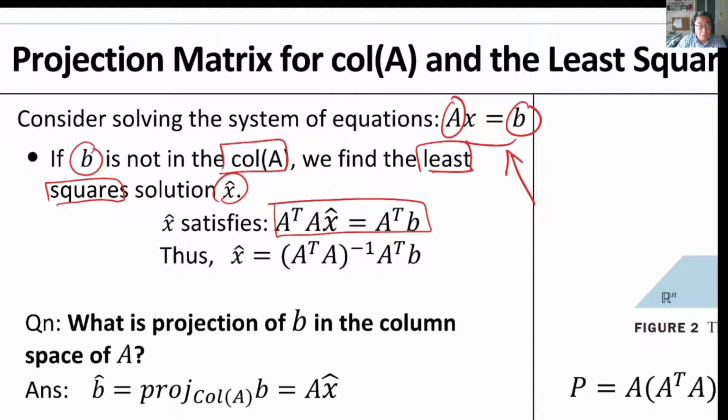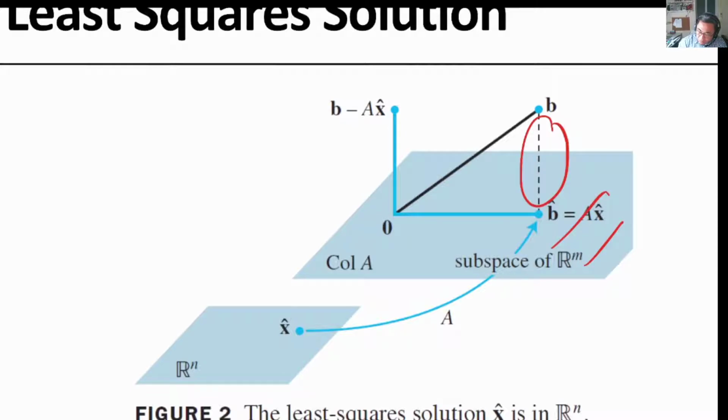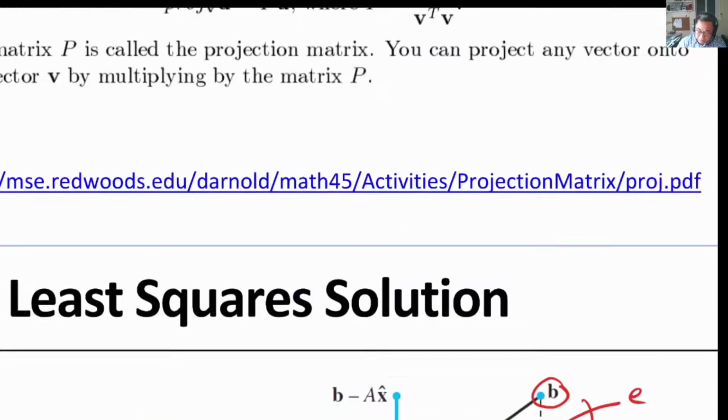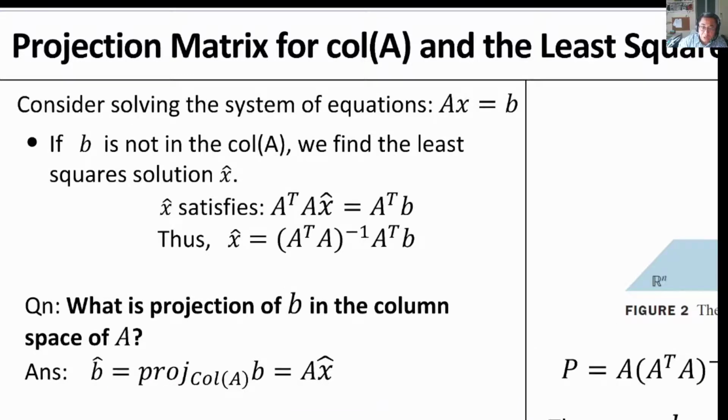When this is found by the normal equation, the error is orthogonal to the surface, the column space of A. In other words, we are projecting B onto the column space of A, and the error is orthogonal to the surface of A, and this situation is exactly the same as the previous slide, where the space we're interested in was only a line.